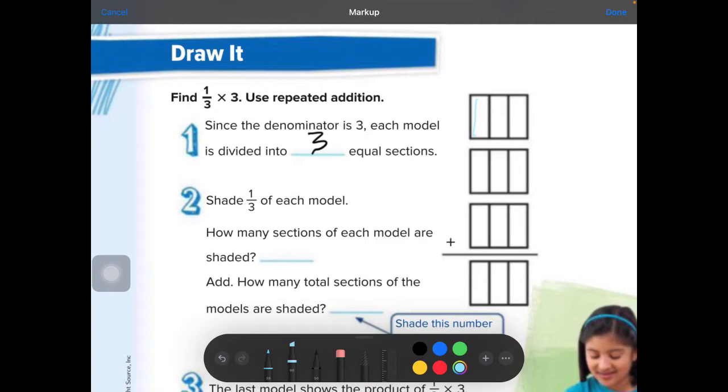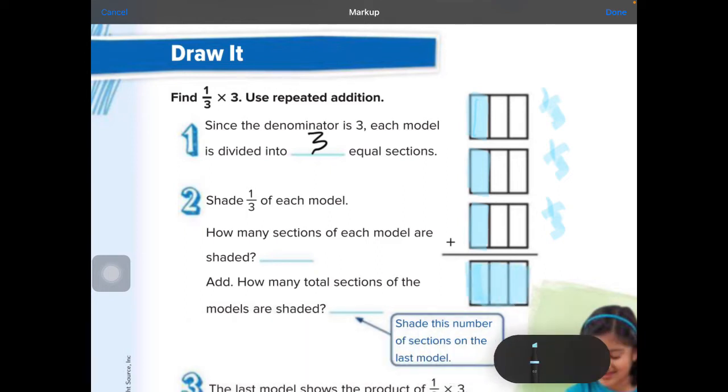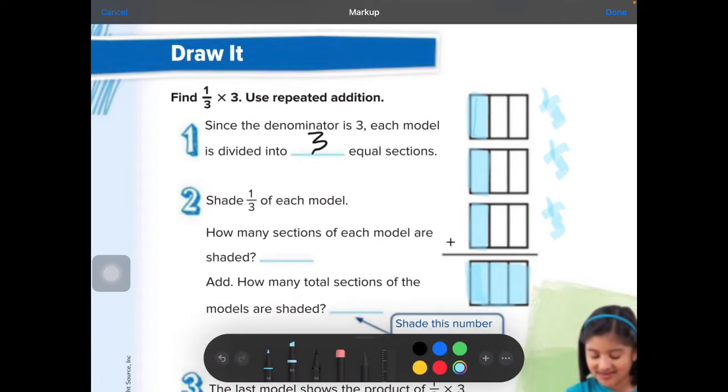Helps if I get the right one here. So 1/3 of each, 1/3, 1/3, 1/3. So when they're all added together, all the colored parts equal 1 whole, right?